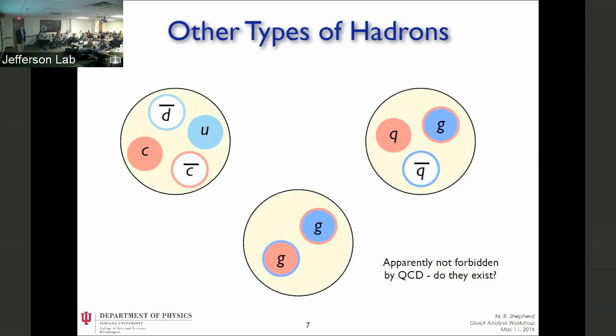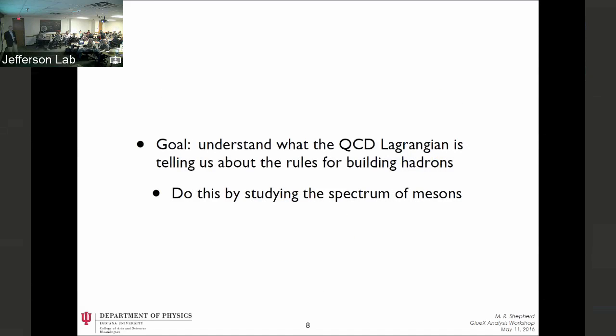Gluons are in the color octet. And so a big question is, do these things exist, or is there something that we don't understand about the QCD interaction that sort of prohibits these sorts of things from existing? And that's why we build experiments like GlueX to understand more about how hadrons form from QCD.